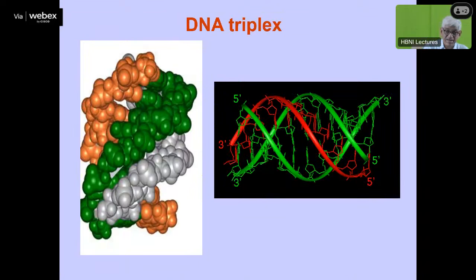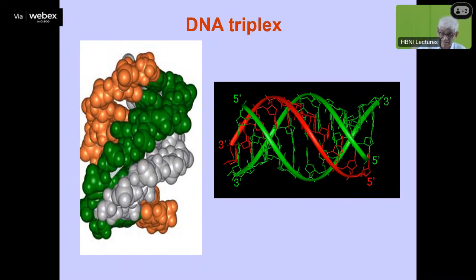Now this is the DNA triple helix, showing how it is formed. The green one here is your normal duplex DNA. And the third strand is coming in the major groove of the DNA and interacting with the base pair from outside.